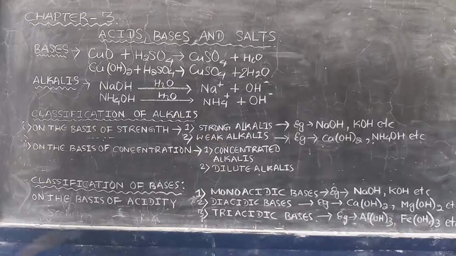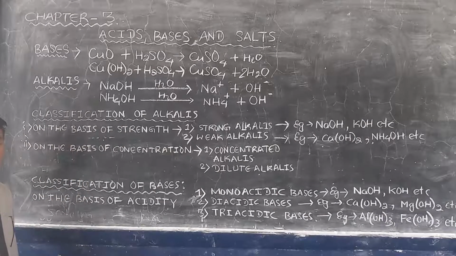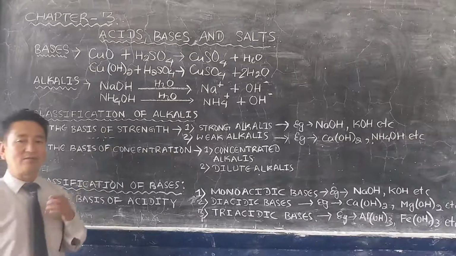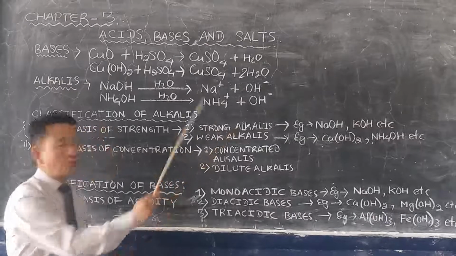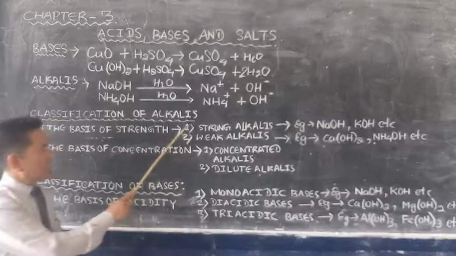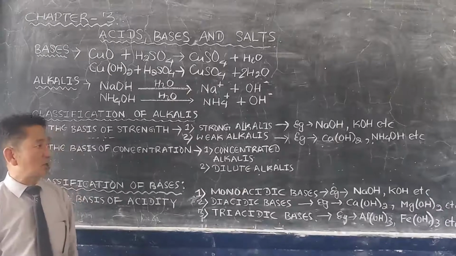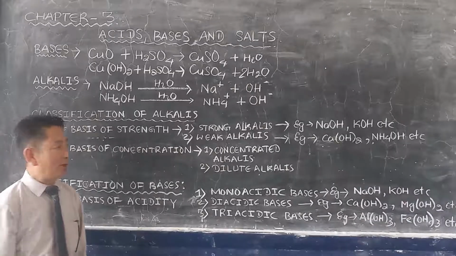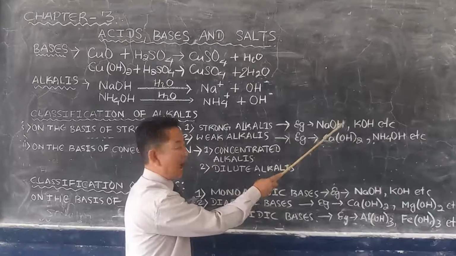Now next, classification of alkalis. On the basis of strength, alkalis can be classified into two types, strong alkalis and weak alkalis. Strong alkalis are those alkalis which when dissolved in water completely dissociate into their ions, thereby producing a high concentration of hydroxyl ions.